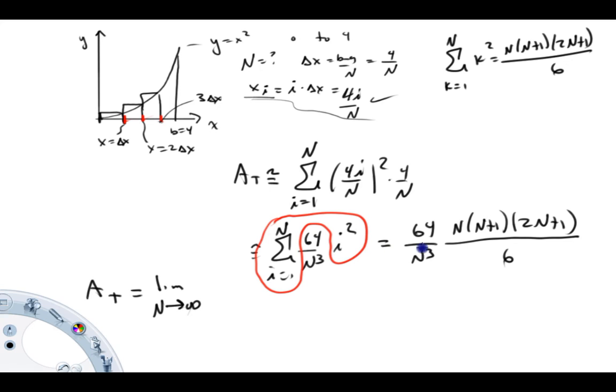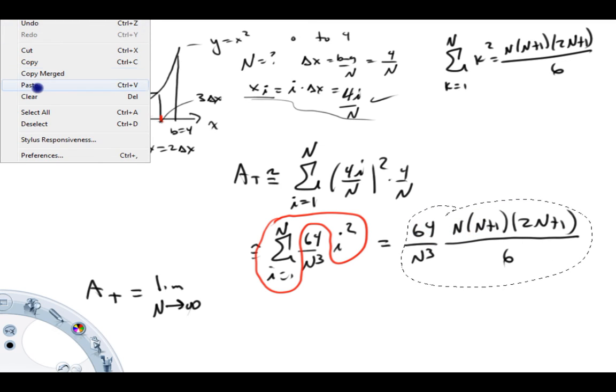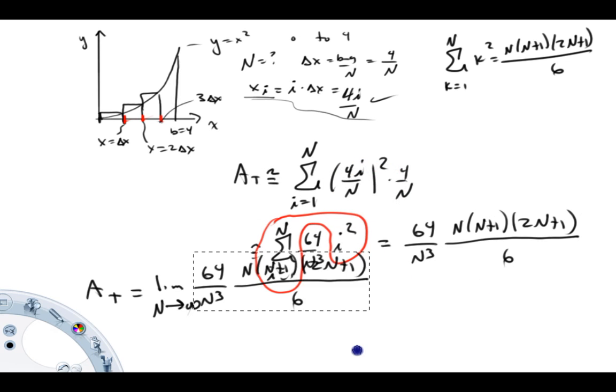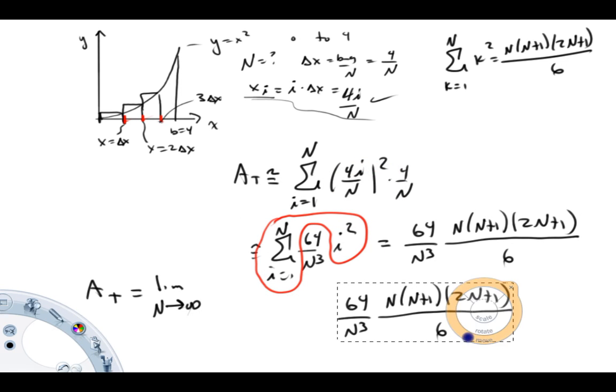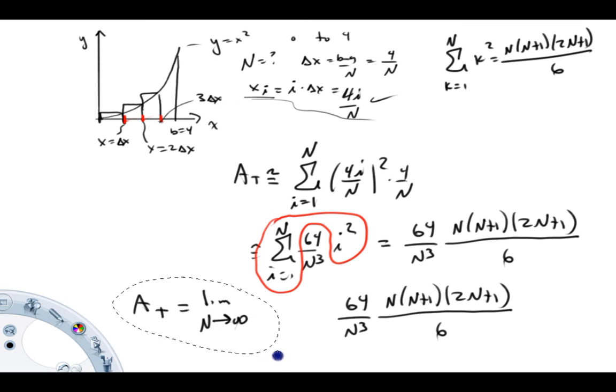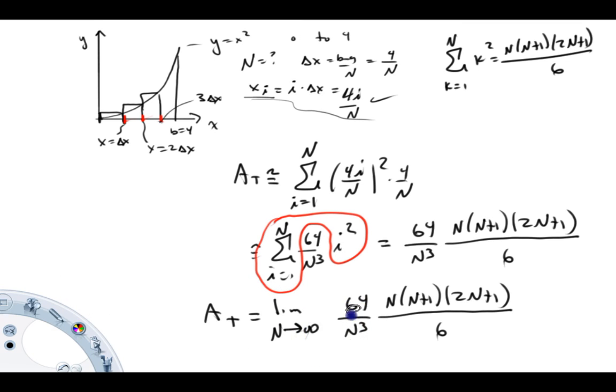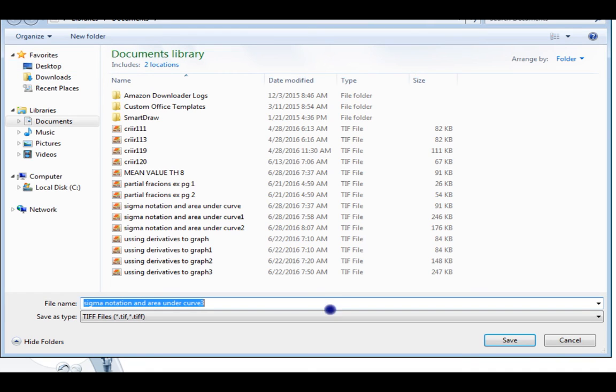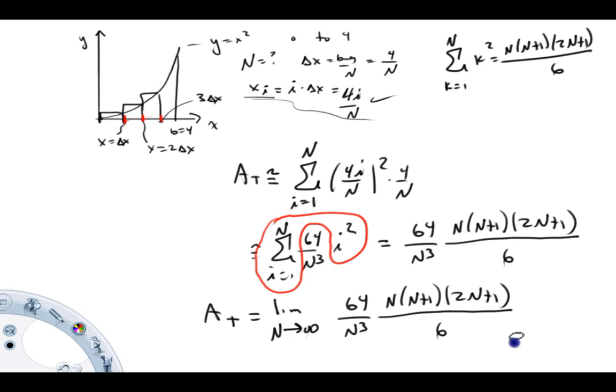If we take the limit as n goes to infinity of this expression, the estimate becomes exact. I'm going to save that. All right, I need to get rid of some work here and talk about how to get the limit done.